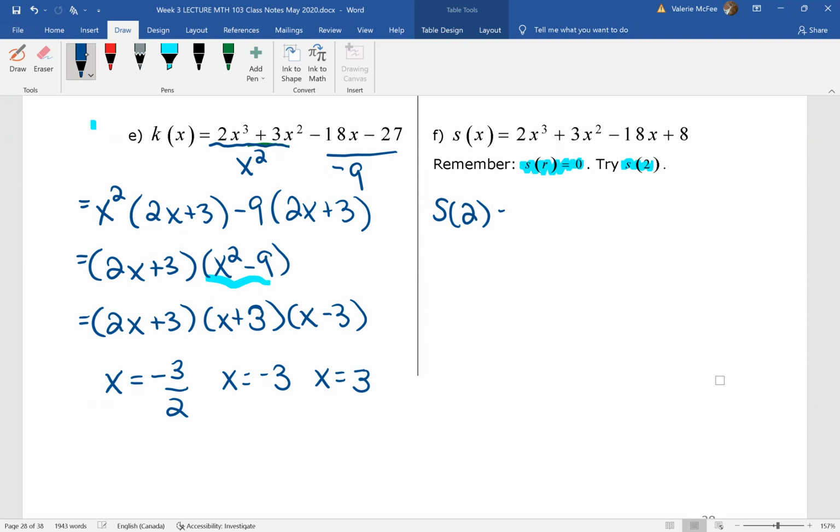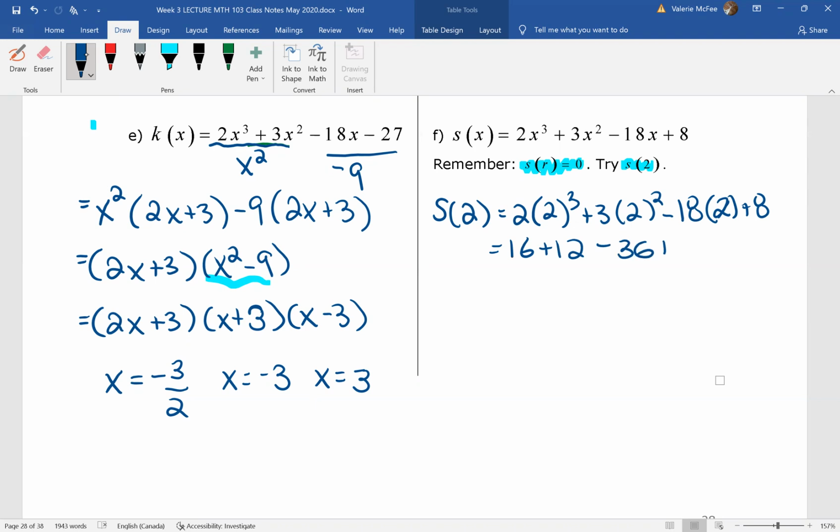We have to change every x to 2. So 8 times 2 is 16, 4 times 3 is 12, minus 36 plus 8.